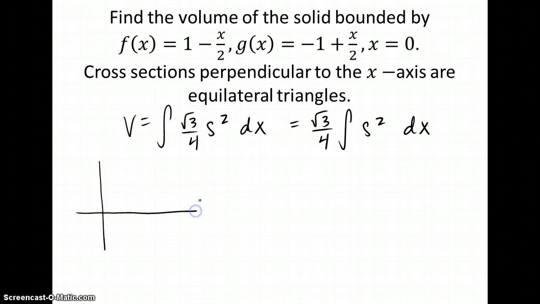Let's look real quickly at a graph. So f of x, y-intercept of 1, slope of -1/2. So this would be f of x. G of x, y-intercept of -1 with a positive slope.